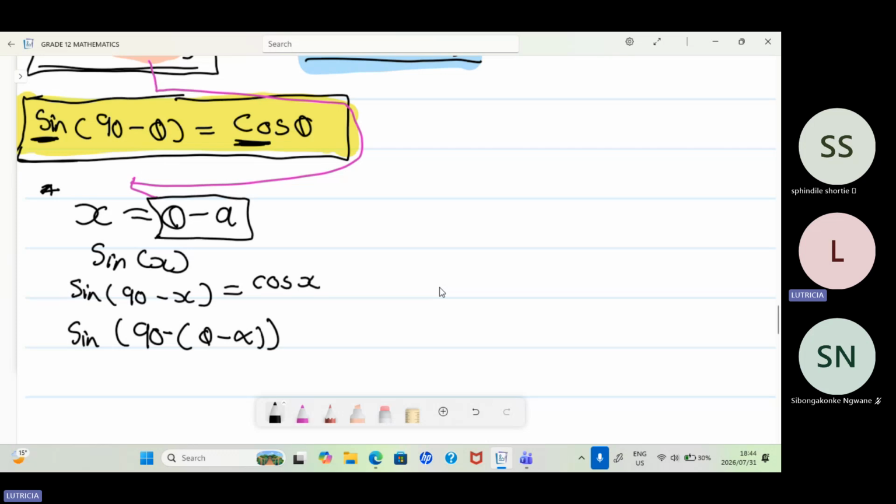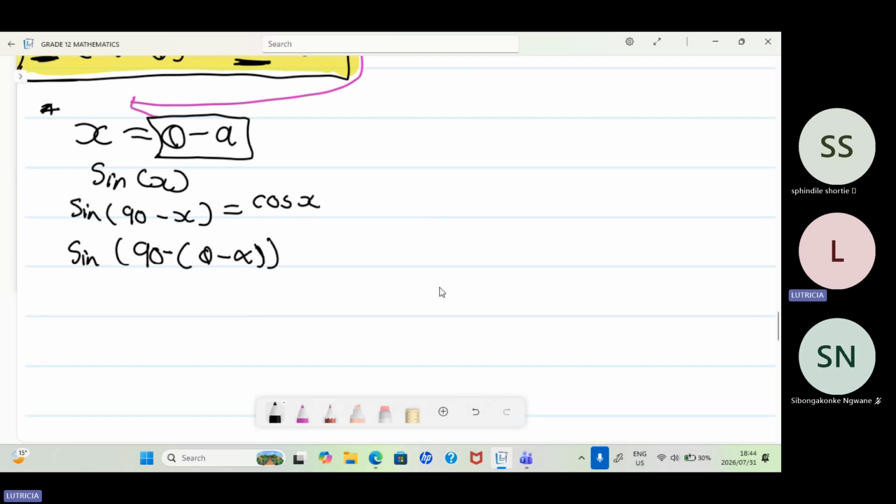I'll just do it without referring. We get sine of 90, but then we have this minus on the outside. The minus is going to make the theta negative, so it's negative theta, but then minus minus makes a positive, which is plus alpha. Is that okay? Yes.